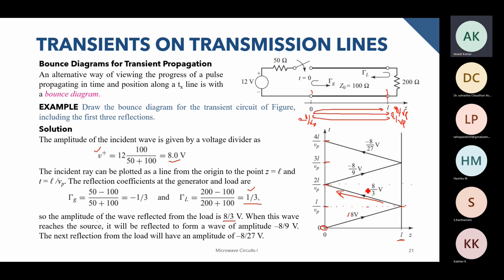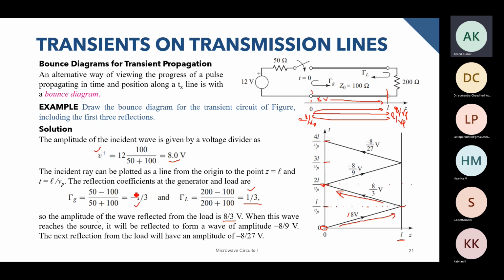So we had 0 volts over here, and this essentially becomes 8 volts, and 8 volts travels from here to here. So we drew that line. And now, after reflection, 8 by 3 volts comes back, and when it reaches over here, at this particular point we calculate the amount of voltage which is reflected from the generator.